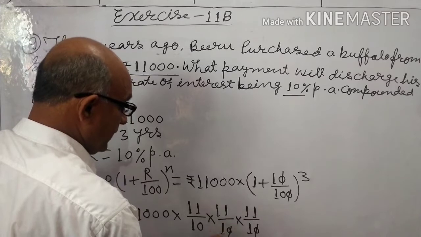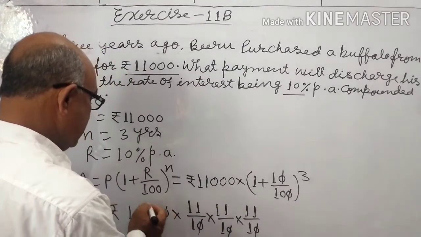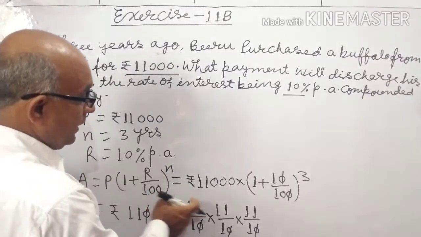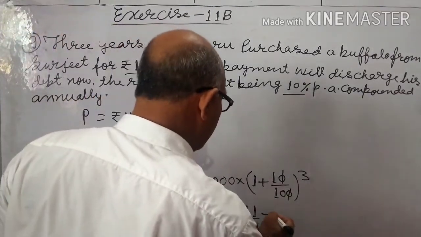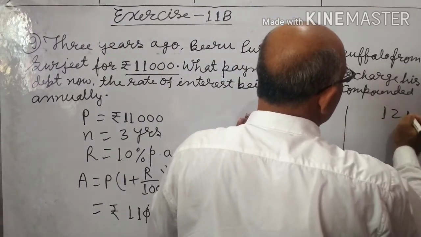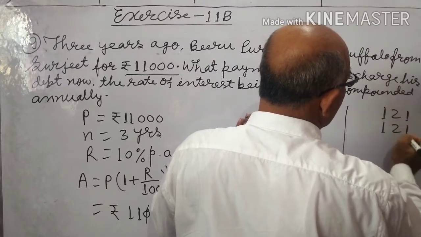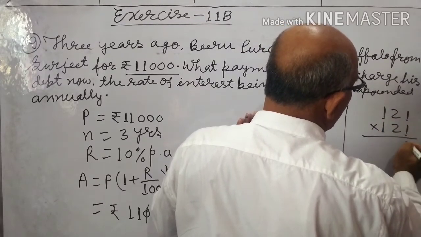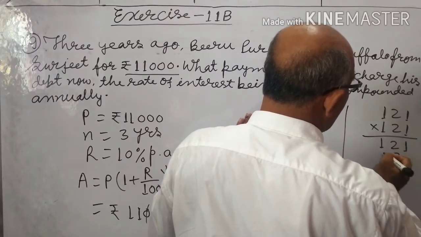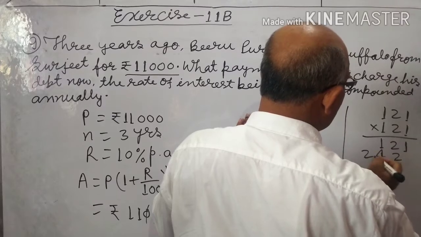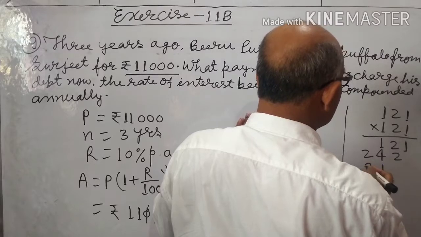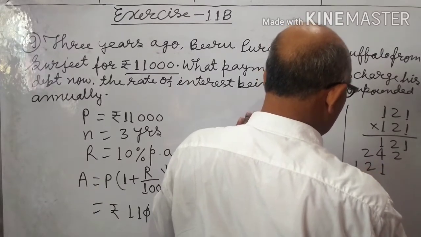into 11 by 10. In the denominator, first 0, second 0 and third 0, first 0, second 0, third 0. Now 11 into 11, 121, and 11 into 11, 121. So multiply here 121 into 121. 1 1 is 1, 1 2 is 2, 1 1 is 1. 1 2 is 2, 2 2 is 4, 1 2 is 2. 1 1 is 1, 2 1 is 2, 1 1 is 1.